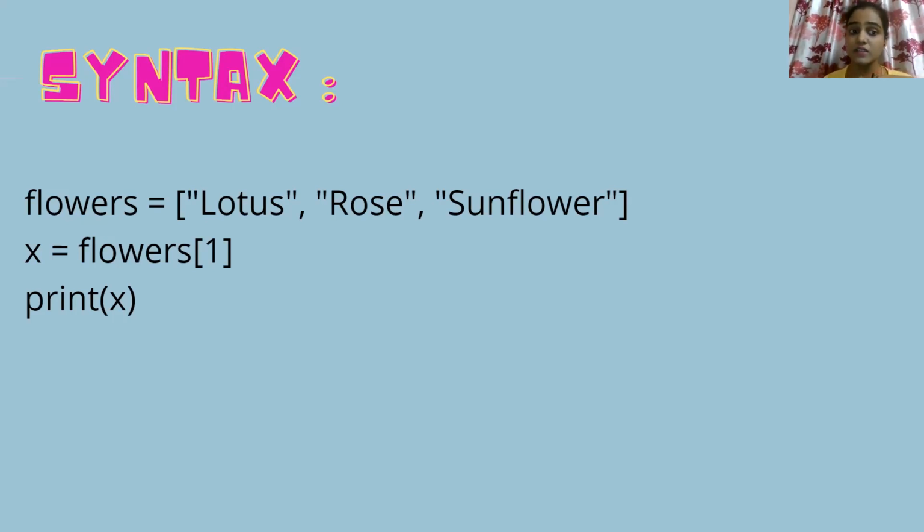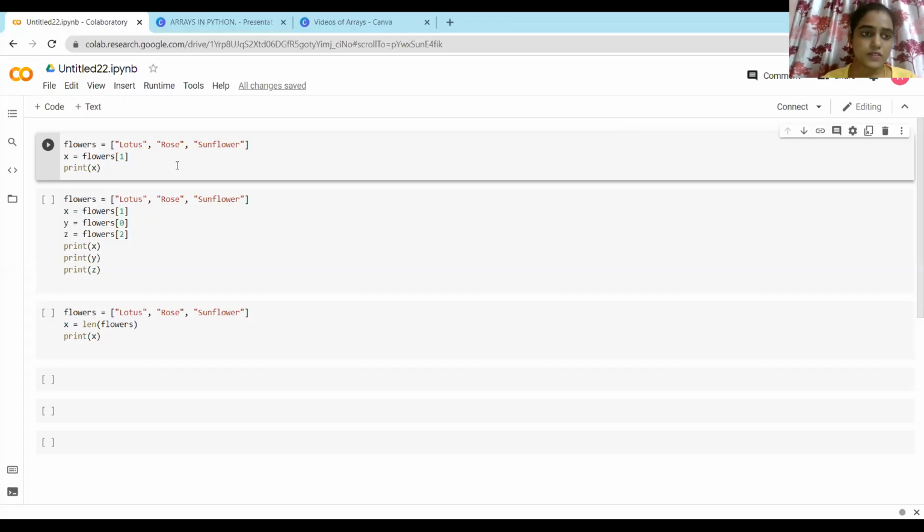So let's see what the output is. Keep your guesses ready in your mind. So we have typed our code here, the same three lines as we saw in the previous slide. Let's see what the output is. Are you ready with your guesses?